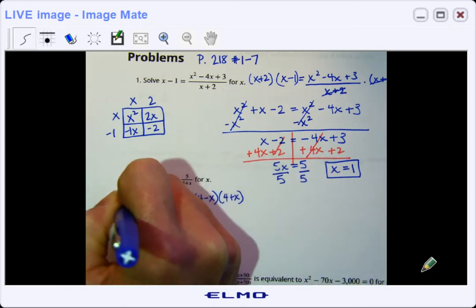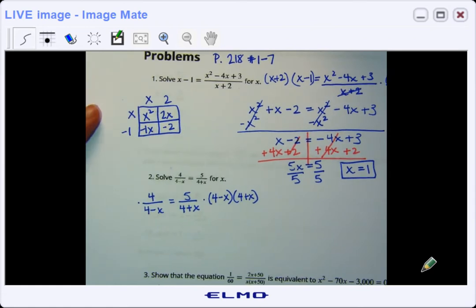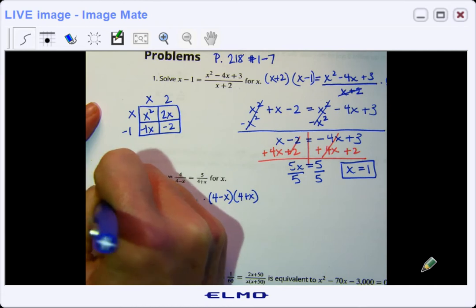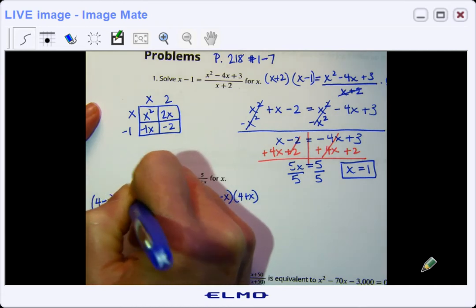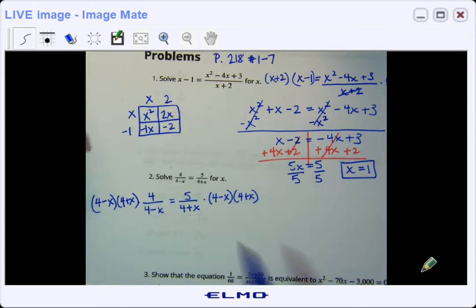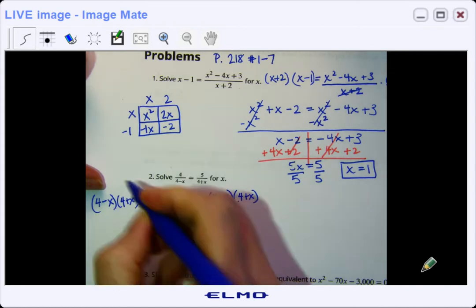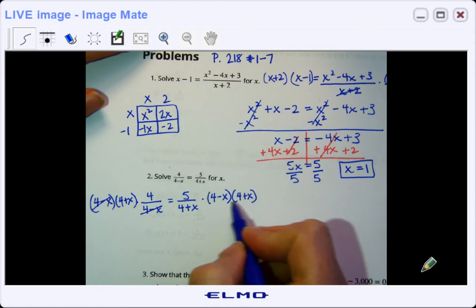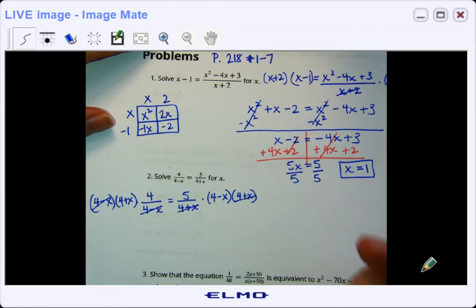I'm going to do the same thing over here. 4 multiplied by 4 minus x times 4 plus x. Okay, so on the left side, the 4 minus x's cancel each other out. And on the right side, the 4 plus x's cancel each other out.